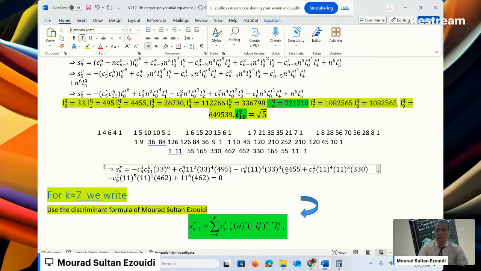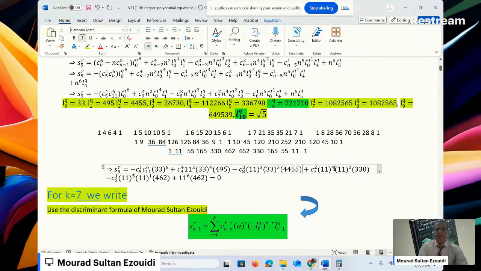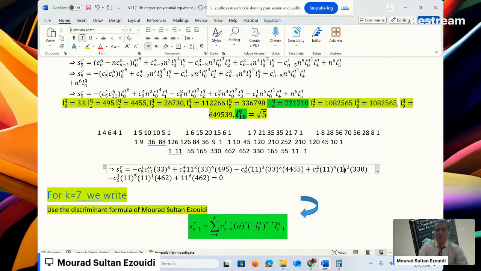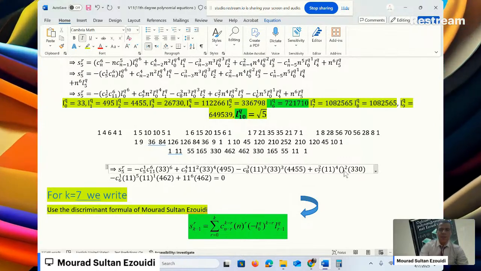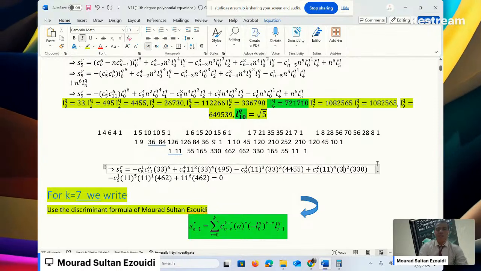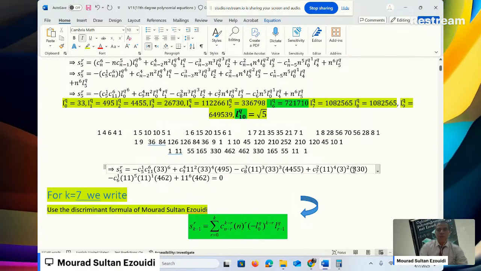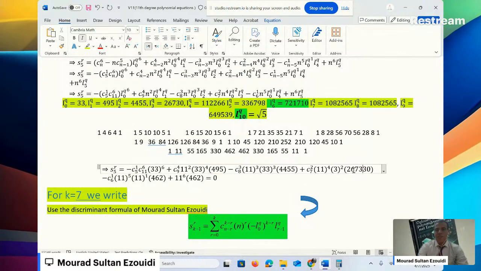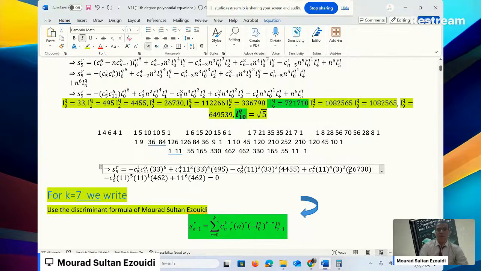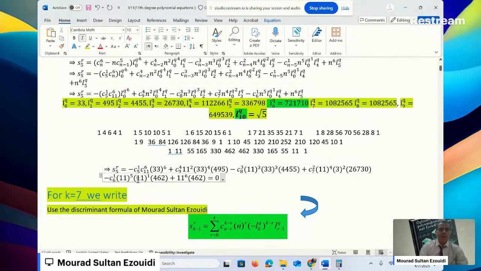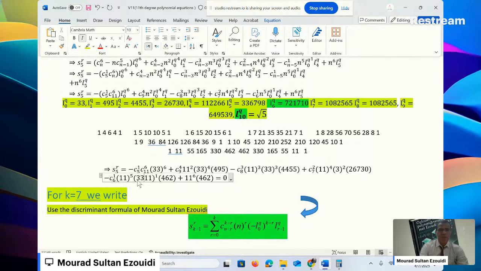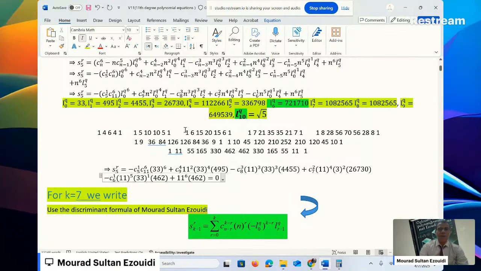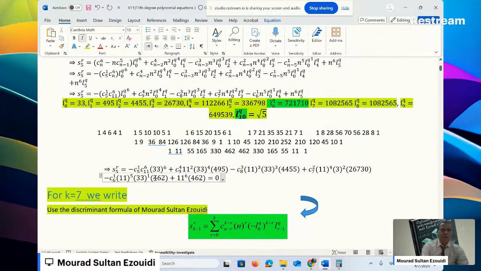So this is that, plus this, but I'm going to change this 11 by 33 squared. Then after that we have 26,730. Of course, multiply by 1,000.